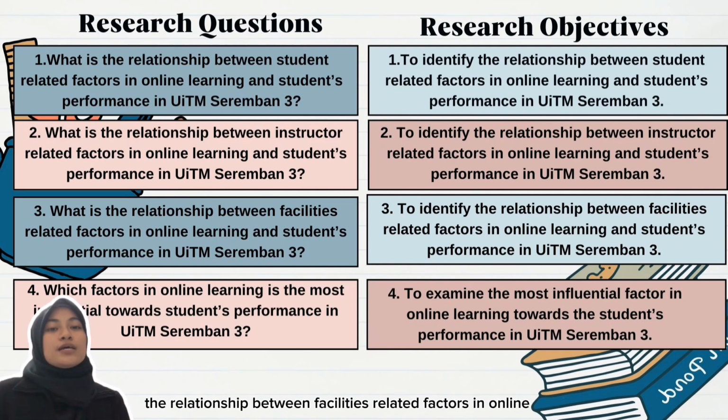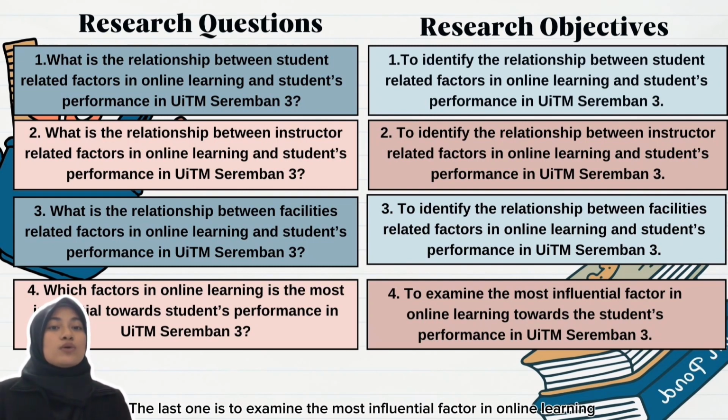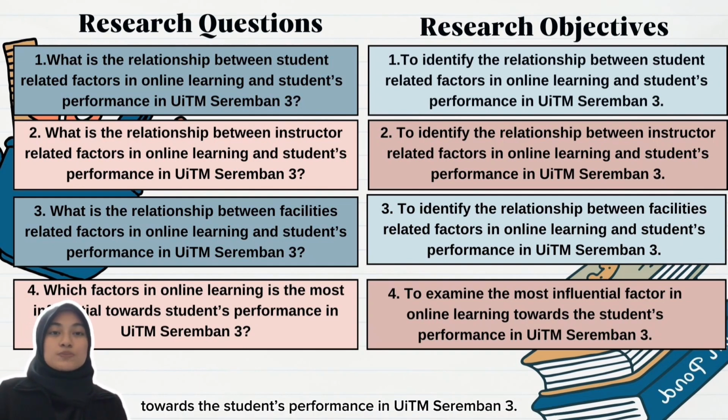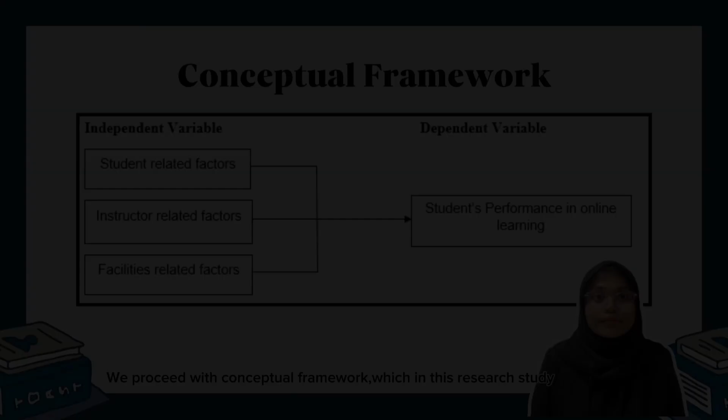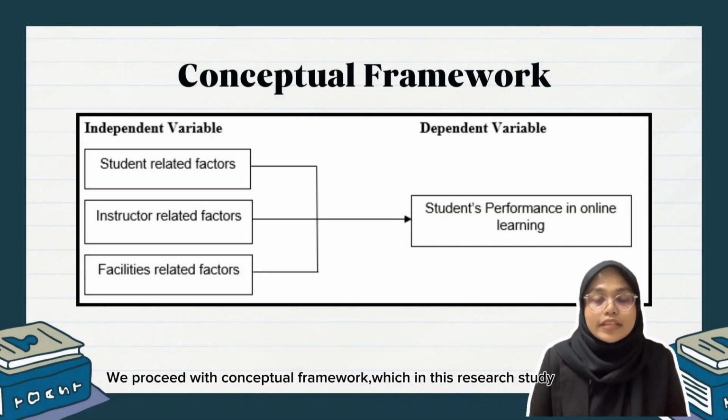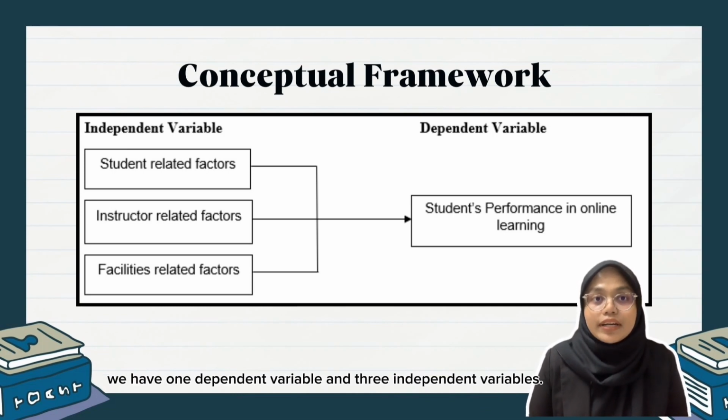Thirdly, to identify the relationship between facilities-related factors in online learning and students' performance in UITM Seremban 3. And the last one is to examine the most influential factor in online learning towards the students' performance in UITM Seremban 3.